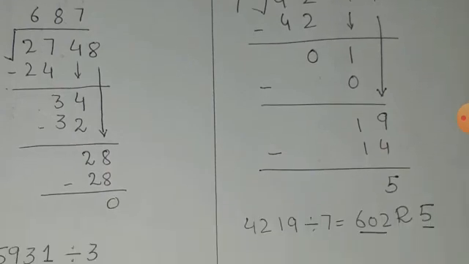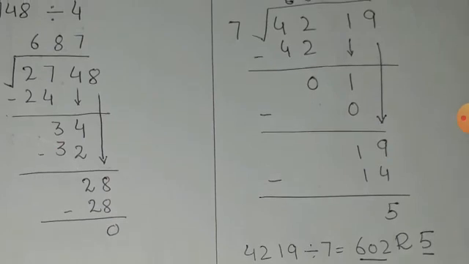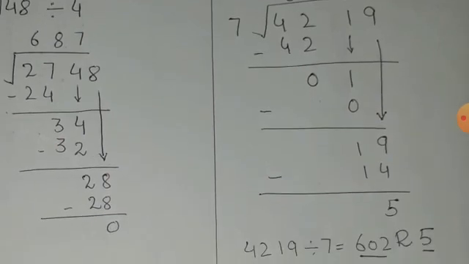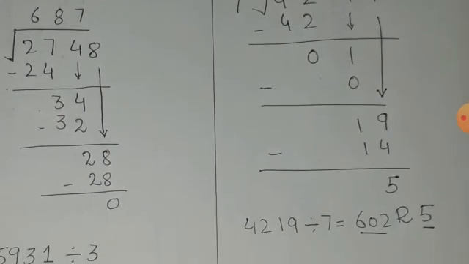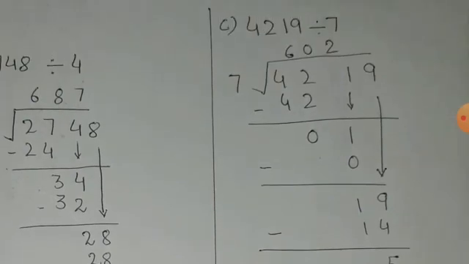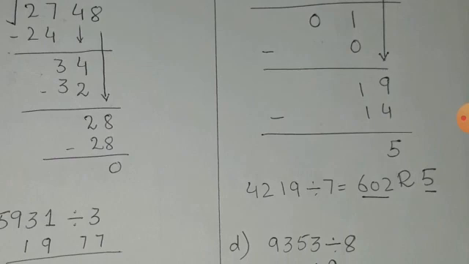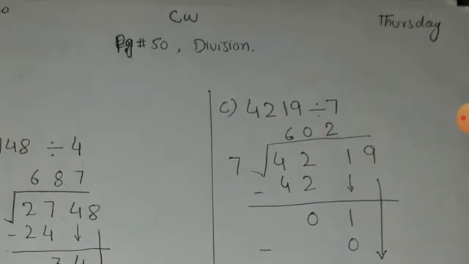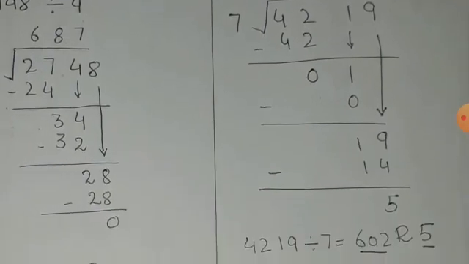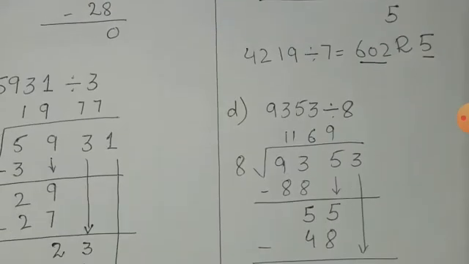And 1 minus 0 will be 1. And the next number 9 with 1. 19. So 7 twos are 14. The remainder will be 5. The quotient is 602 and the remainder is 5.